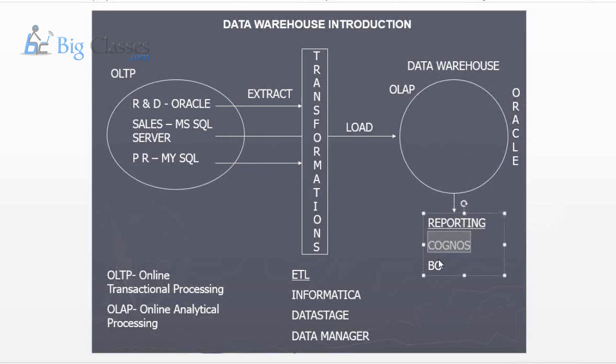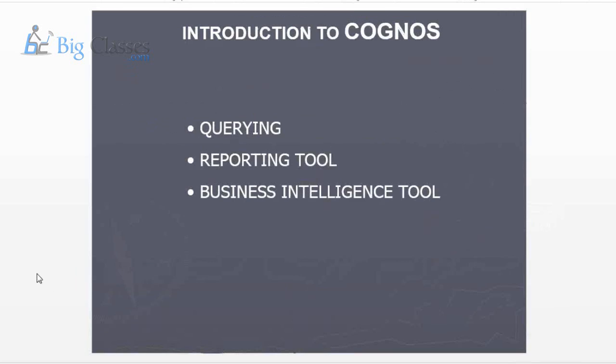Querying tool. Being a tool, Cognos prepares queries automatically. No need to write any select statements like select star from, nothing required. In the worst case, assume the query prepared by Cognos is not meeting your expectation. I want to edit that SQL. Yeah, we can edit the SQL generated by Cognos.